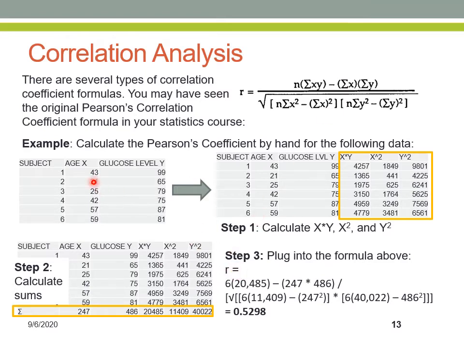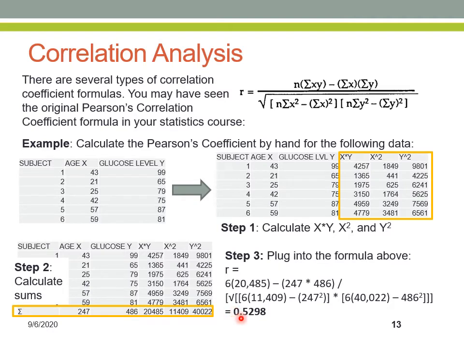So since we have 6 values here, and we assume that that is our entire data set that we have, 6 times our x times y minus the sum of our age times the sum of our glucose, and we divide that by the square root of 6 times the sum of our x squared minus the sum of x, squared, multiplied by 6 times the sum of our y squared minus the sum of y, squared.